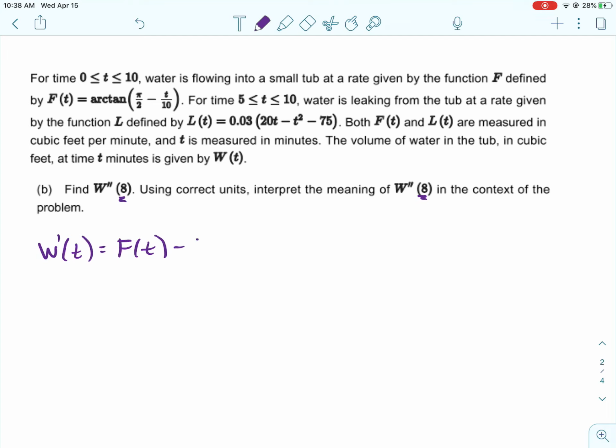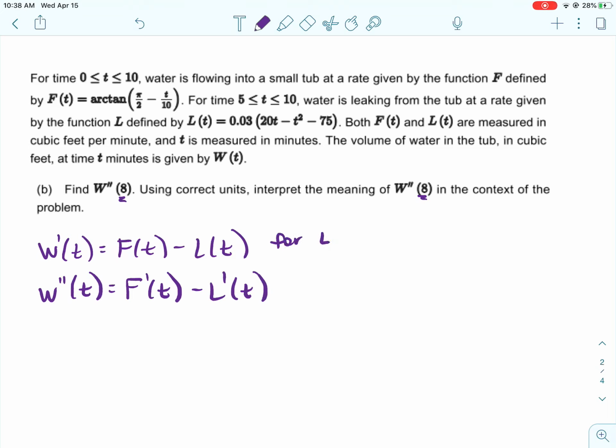So I'm going to write what W prime of t is at that moment. It's going to be the inflow minus the leaking. Then if I want to find the second derivative of that, it's going to be F prime of t minus L prime of t.